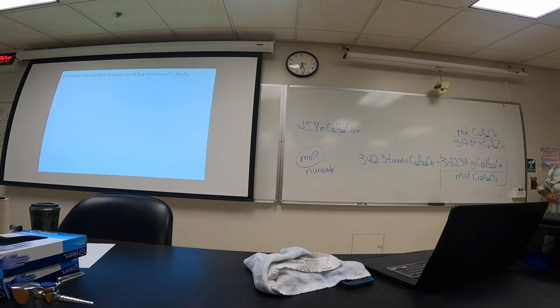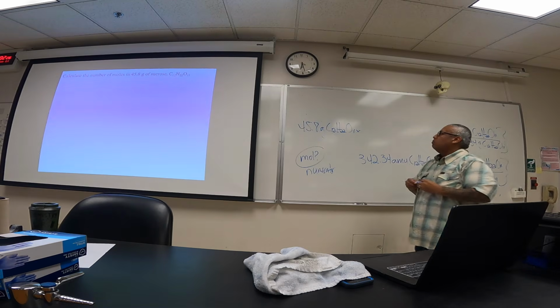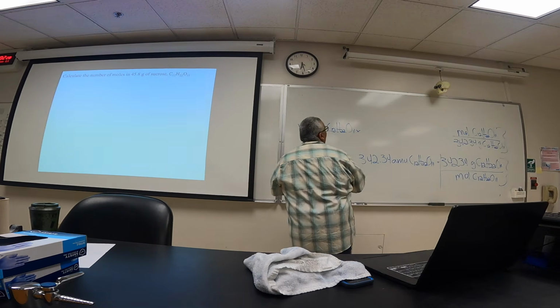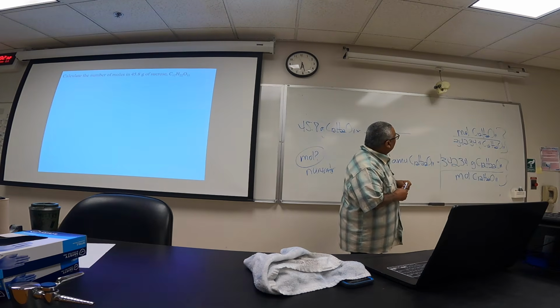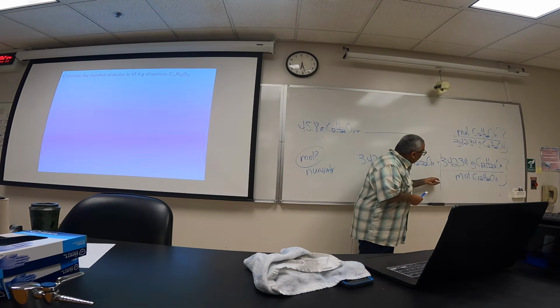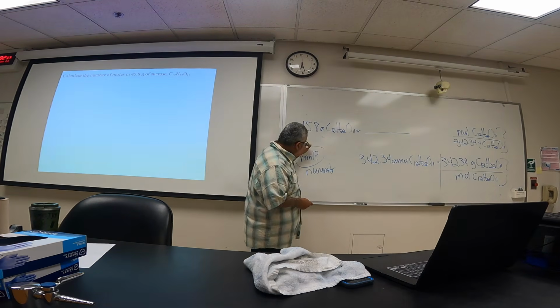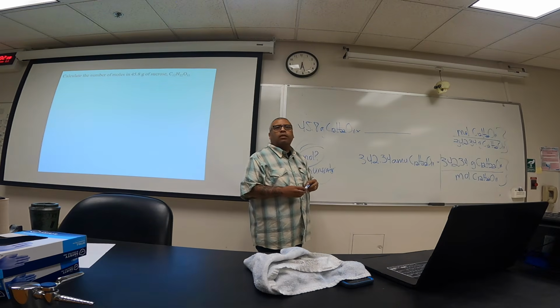We can also write it like this, right? So we have two options now. If I want the number of moles of this, we have two options, but only one of them is correct. Should we use the top one or the bottom one in order to calculate that?